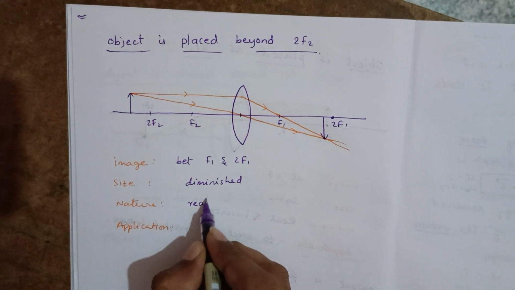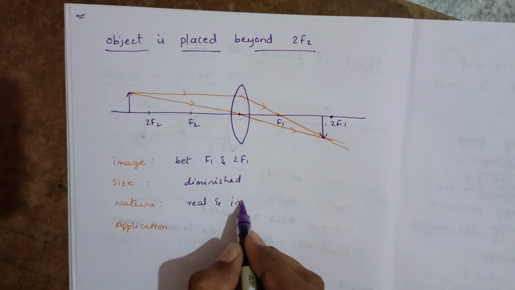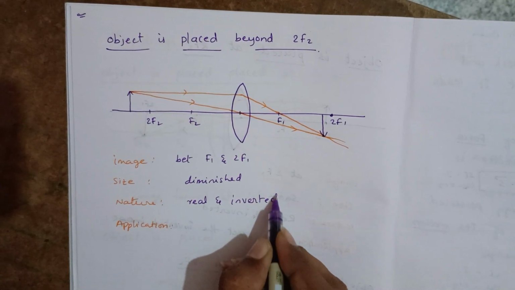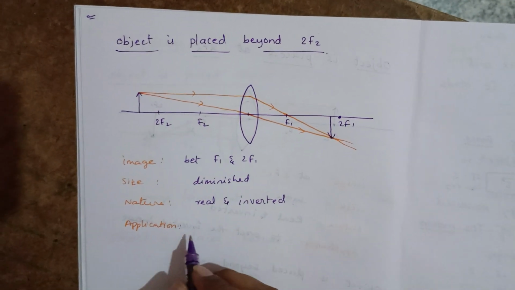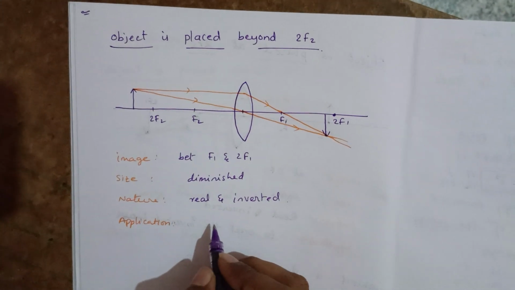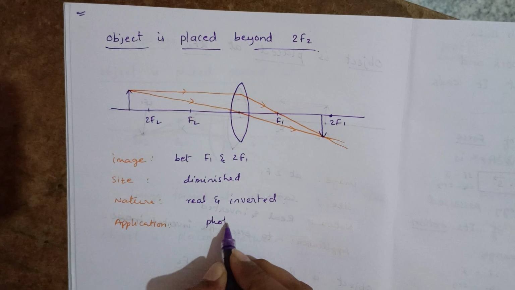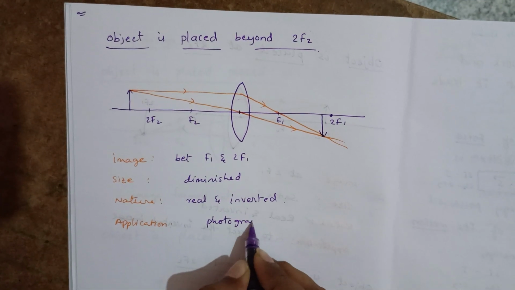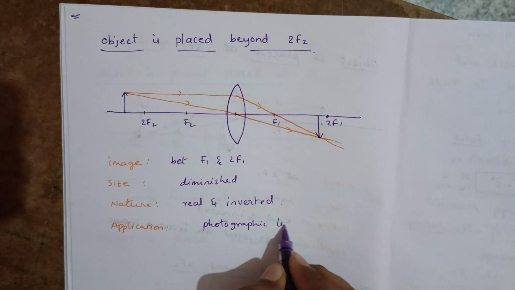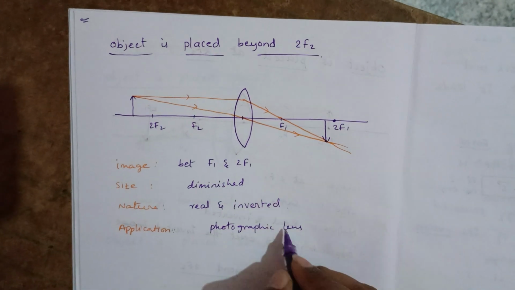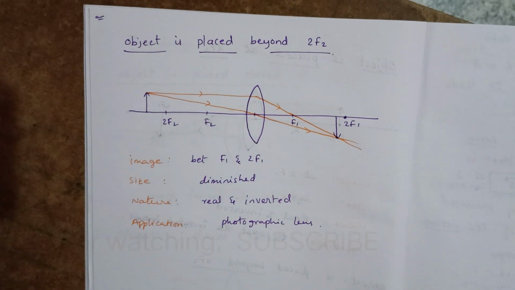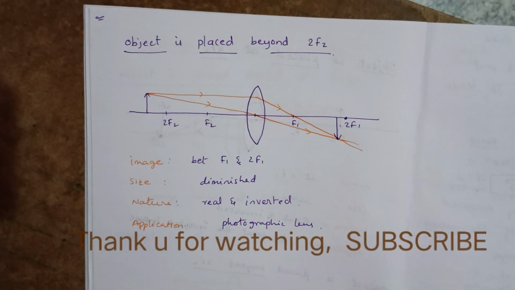Nature: real and inverted. Application: camera lens, photographic lens. For a tall object we will get a small image. Okay.